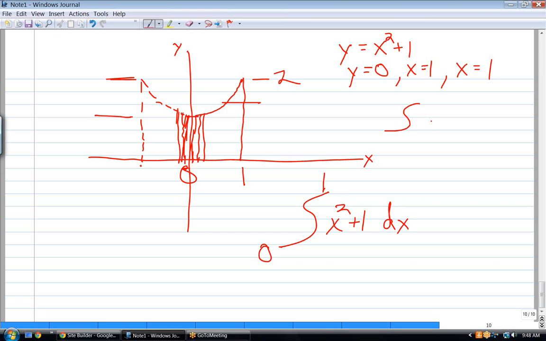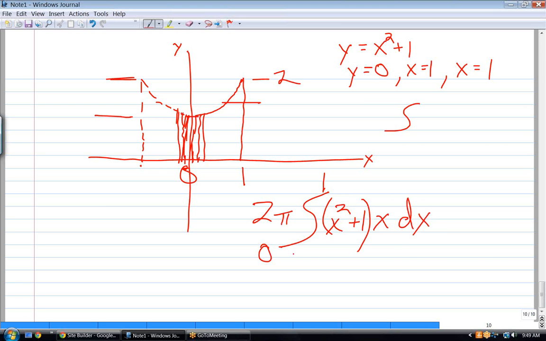So the height is the y measurement, x squared plus 1, times 2 pi x, because the radius is x. So I can take the 2 pi out, but I leave the x in.